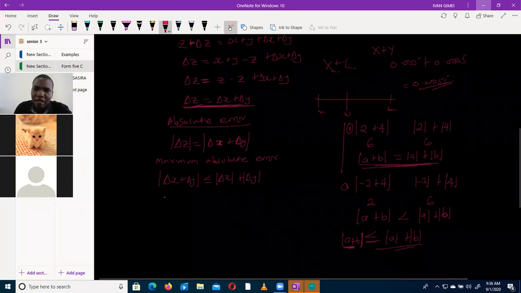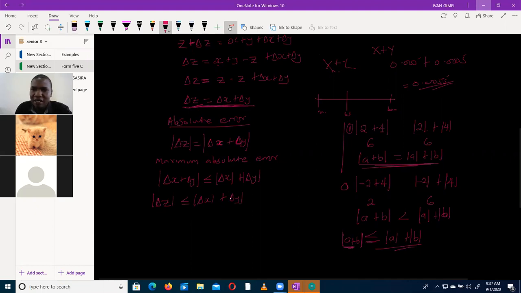So here we can now say the error in z, the error in addition, is less than or equal to that. And this is what they always ask you. This is a marking point. When you're changing a single modulus to 2, this step is very important. You can't just jump from here to the last step. You always have to show this intermediate step here. That's a marking point.